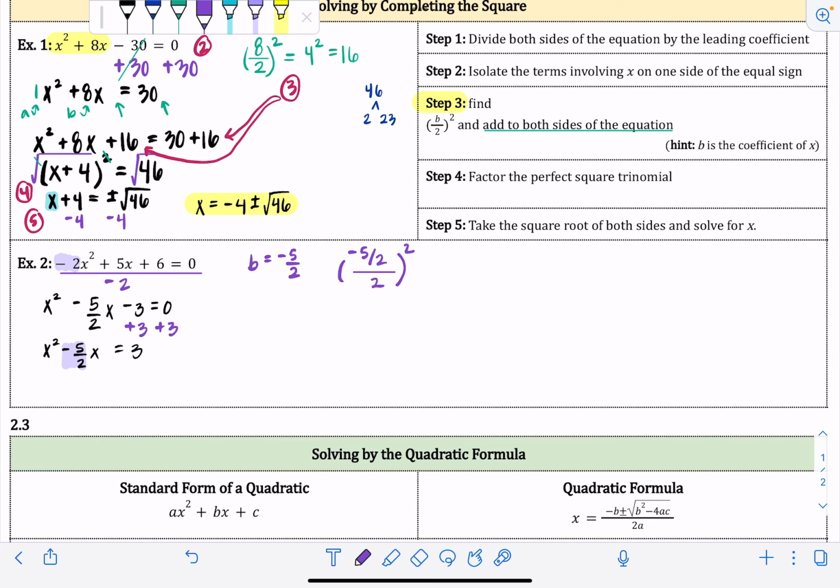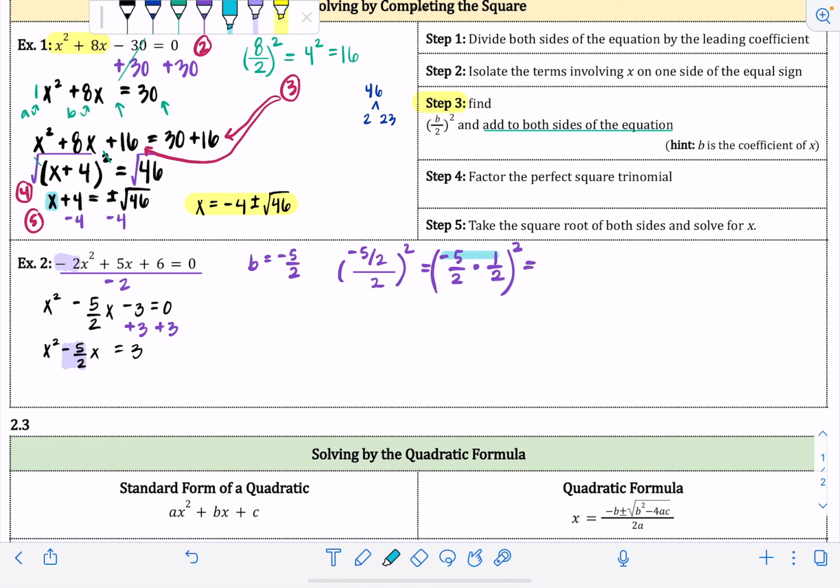Usually instead of dividing fractions, we multiply by the reciprocal. So this is like negative 5 halves divided by 2. But instead of dividing by 2, I'm going to multiply by the reciprocal of 2, so I'm going to multiply it by a half. Then I still have to square it after, so I'm going to put it in parentheses and square it. If we're multiplying fractions, we can just multiply straight across.